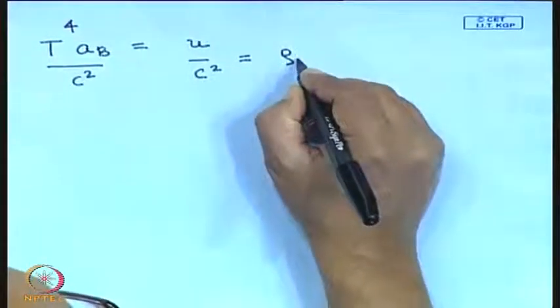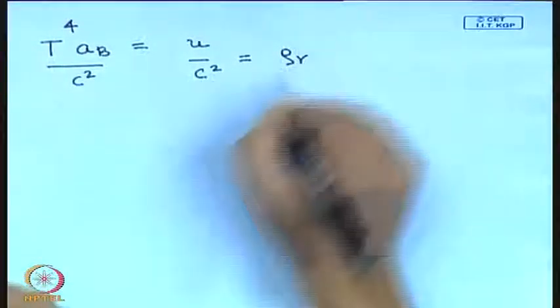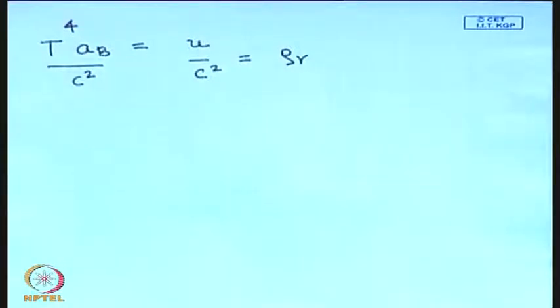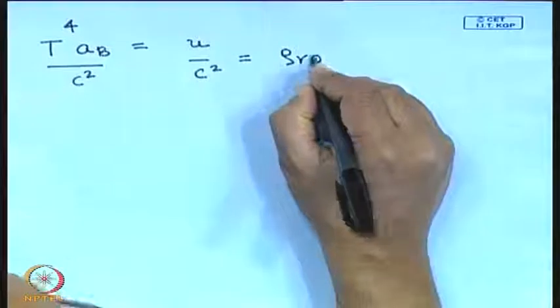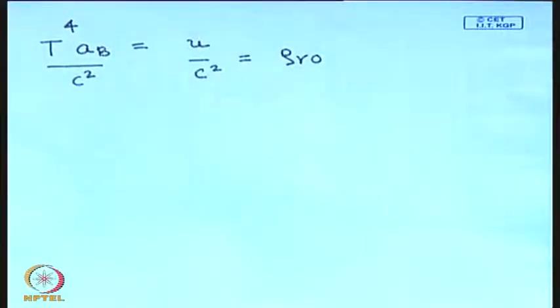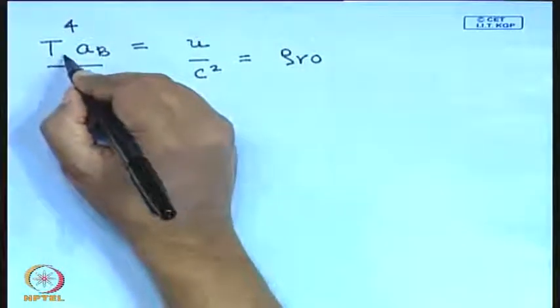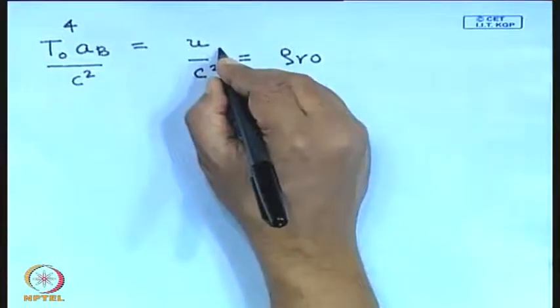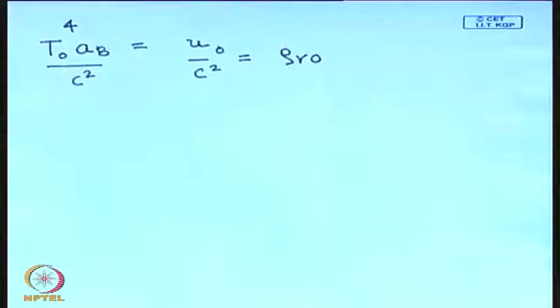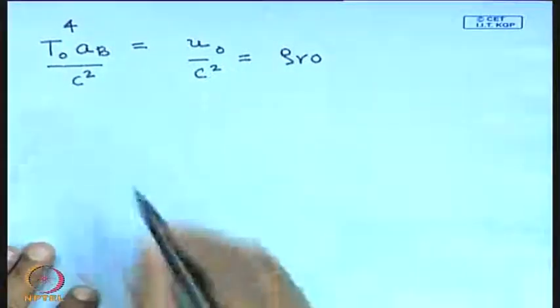Let us call this rho gamma, the component in the CMBR, and this will give us the value of rho gamma at present. If I take the present temperature of the CMBR, T naught, I get U naught.